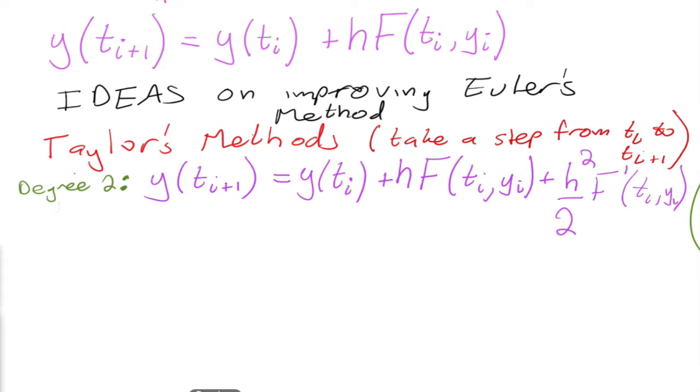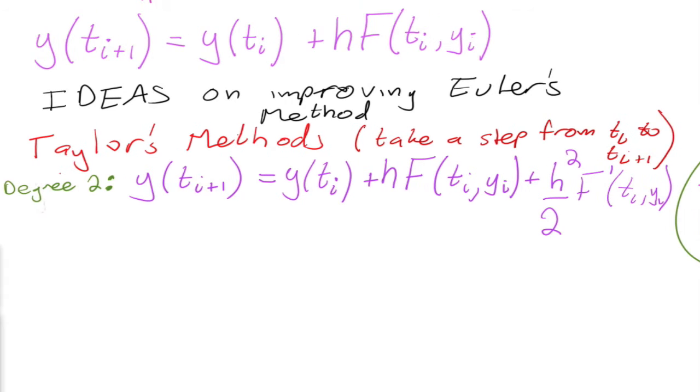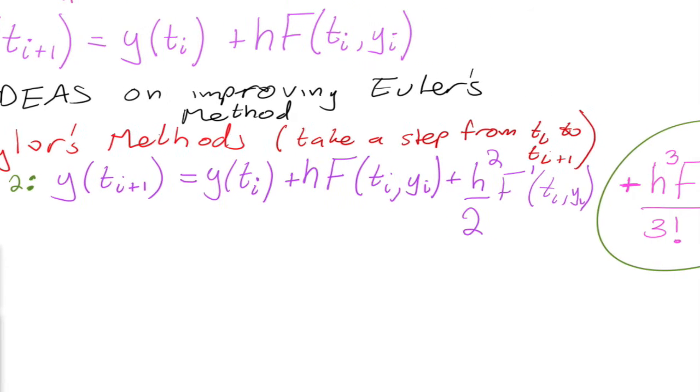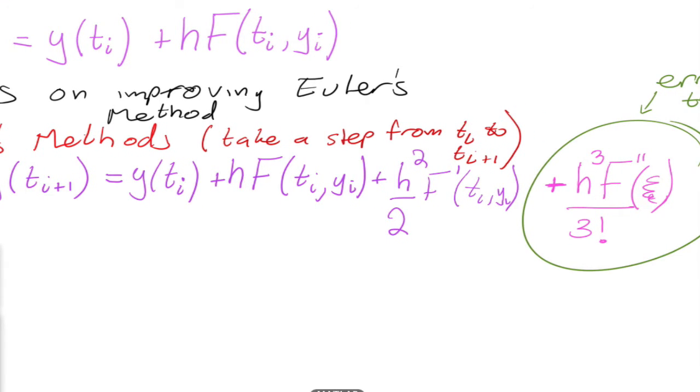So this is called a second order method, and this is the error right here, right?